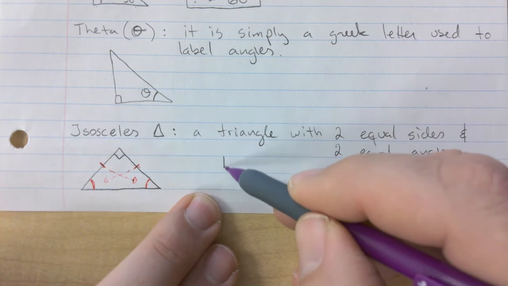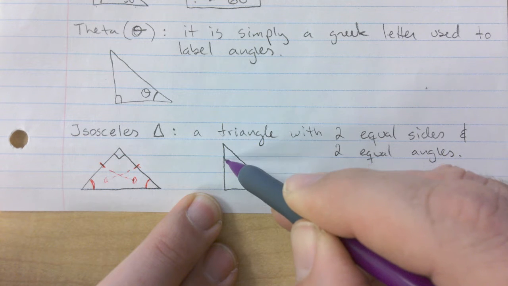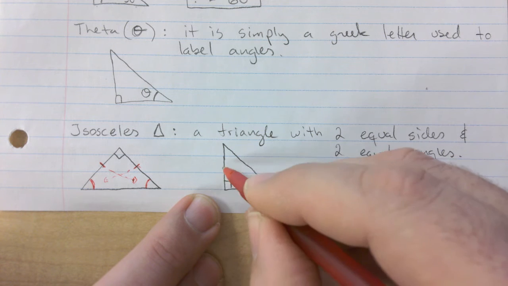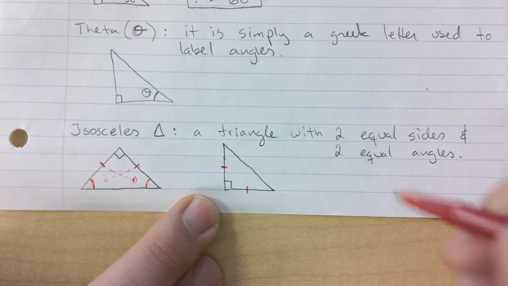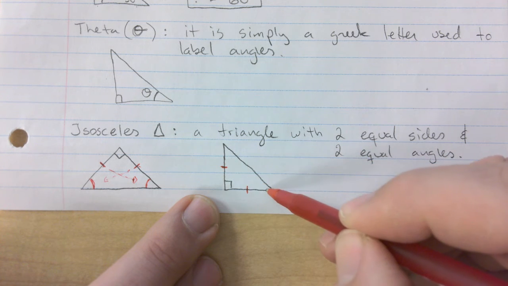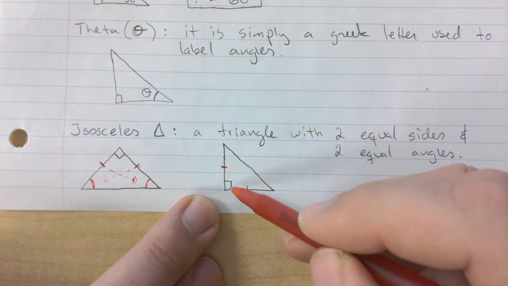They could also have a right triangle that looks like this, 90 there. They could tell you that these two sides are the same. Right? Then you go across from this side, you find the angle that is across from it because every side has its angle.